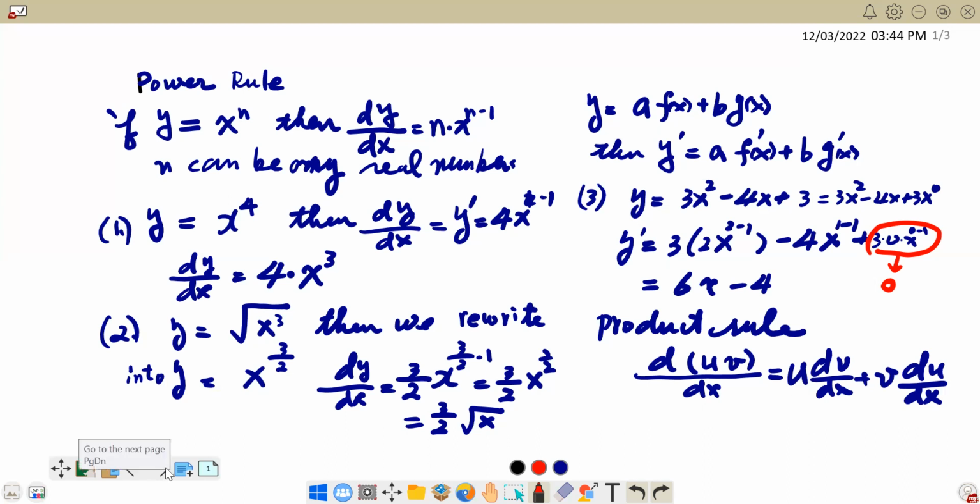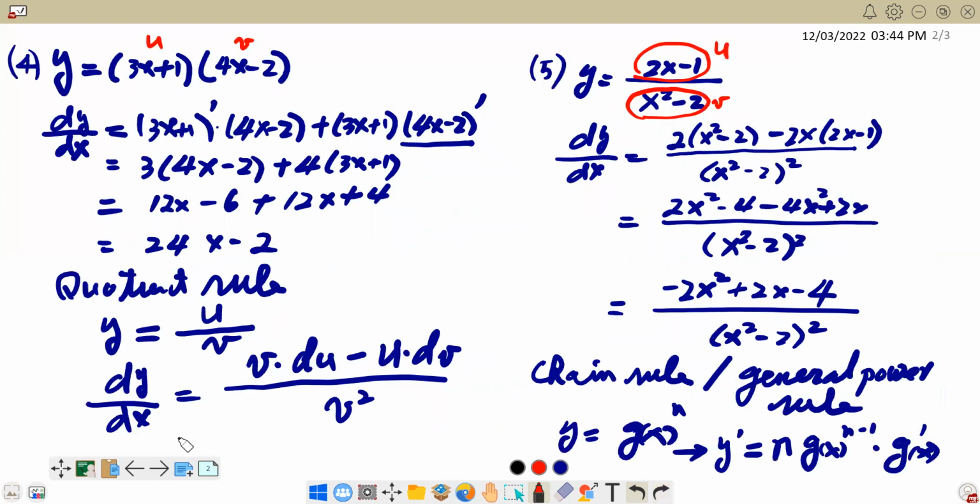Okay, now let's look at examples. If I have the function y is 3x plus 1 times 4x minus 2, so 3x plus 1 is u, and 4x minus 2 is v. So the derivative is the derivative of the first function times the second function plus the derivative of the second function times the first function.